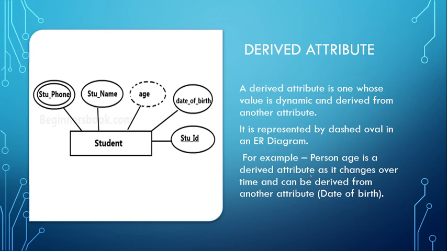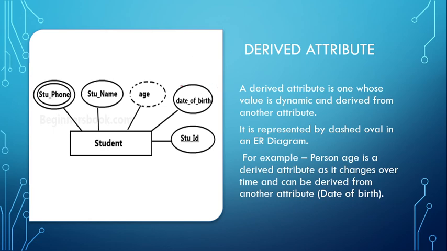For example, a person's age is a derived attribute here, because it changes over time and can be derived from another attribute, date of birth.